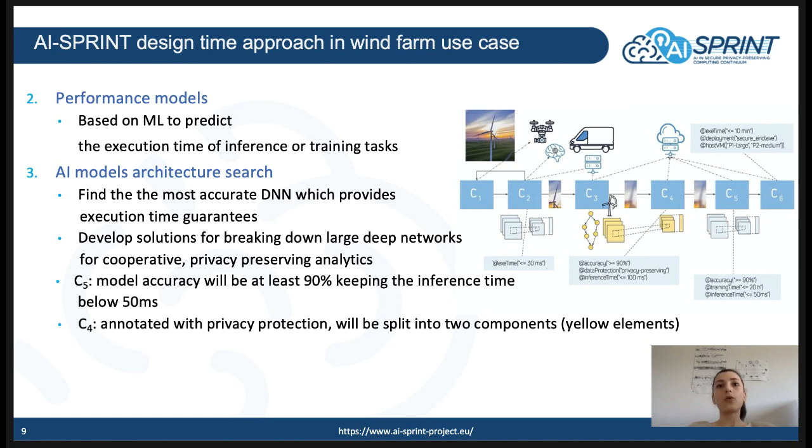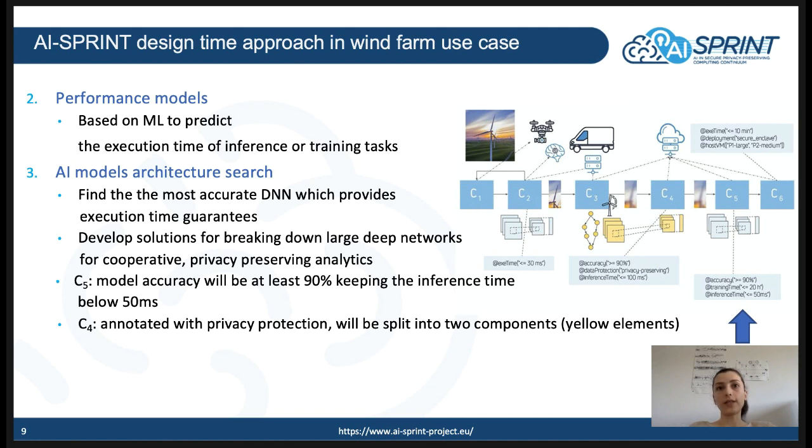For example, you can see here in component C5 we have another quality annotation which expresses a constraint on accuracy and another constraint on the inference.